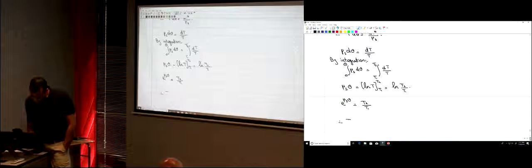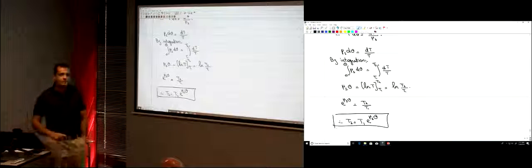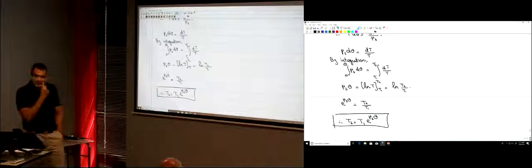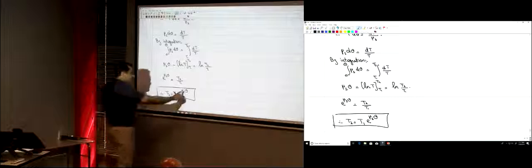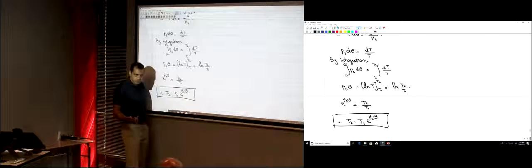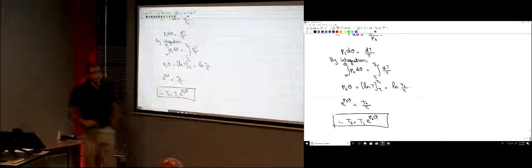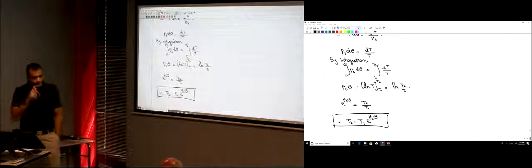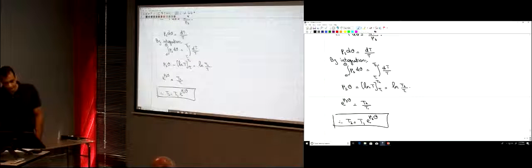So therefore, the relationship between T2 and T1 is that T2 is equal to T1 multiplied by e to the power mu s theta. This is how the tensile force in the cable is going to change over an angle theta. So as the angle theta increases, the tensile force is going to change more. And mu s is the coefficient of friction of that surface.